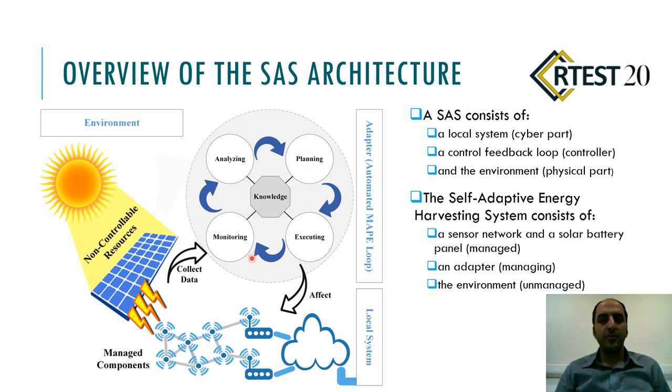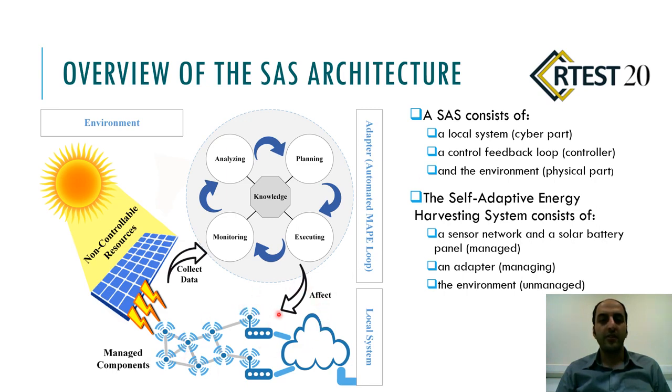MAPE stands for monitoring, analyzing, planning, and executing. It is the basis for building a self-adaptive system that monitors the status of the local system and the environment, analyzes the collected data, decides if changes occur, plans what adaptation is needed, and finally executes the actions if need be. It can only affect the local system or managed components.